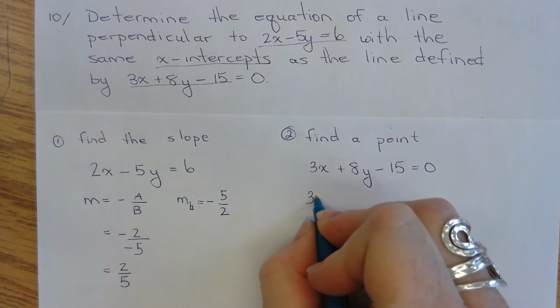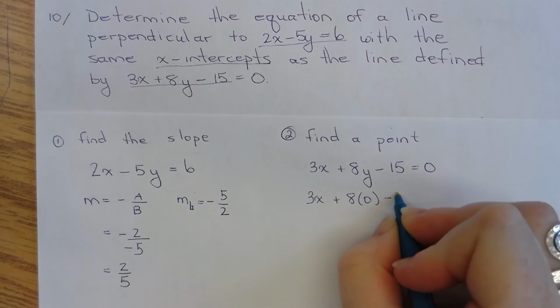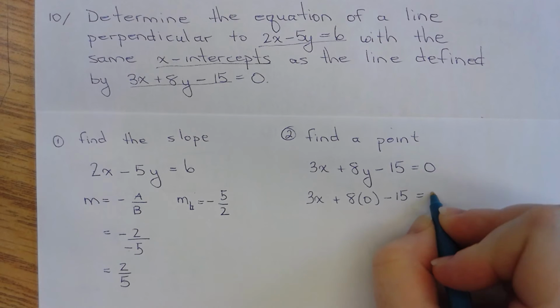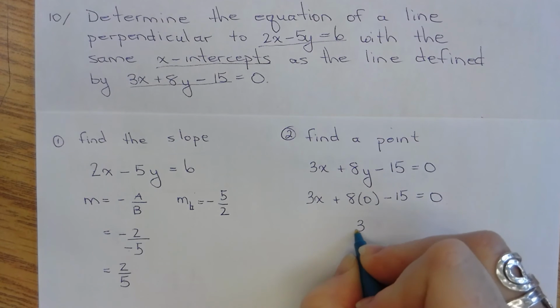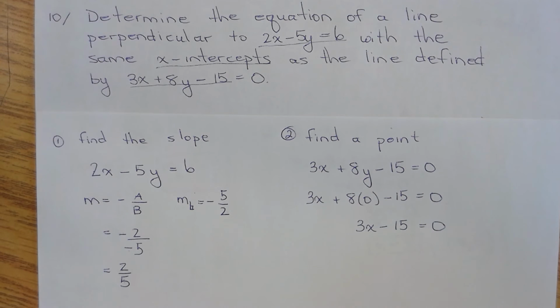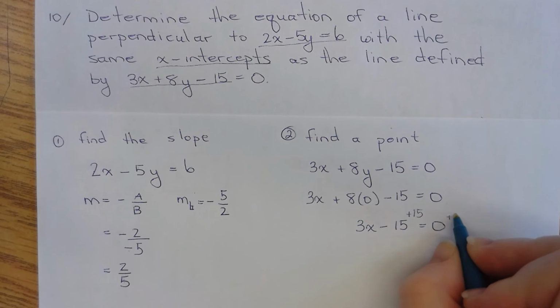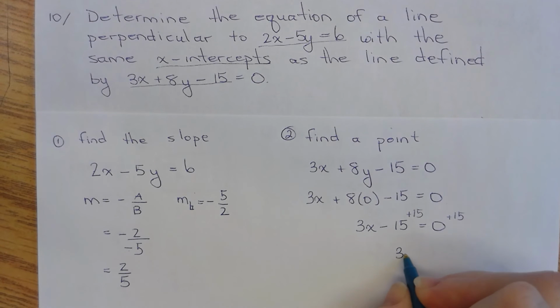So 3x plus 8 times 0 minus 15 equals 0, so 3x minus 15 equals 0. Now I need to solve for x. I add 15 to both sides, so I have 3x equals 15, and then I divide both sides by 3, so x equals 5.